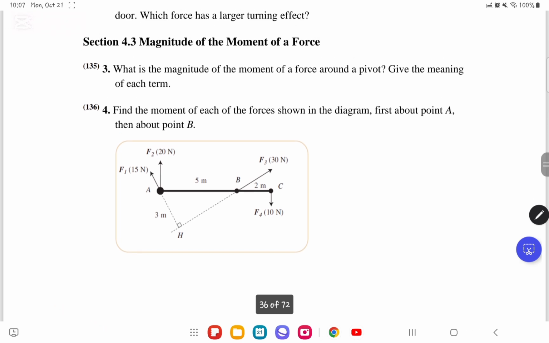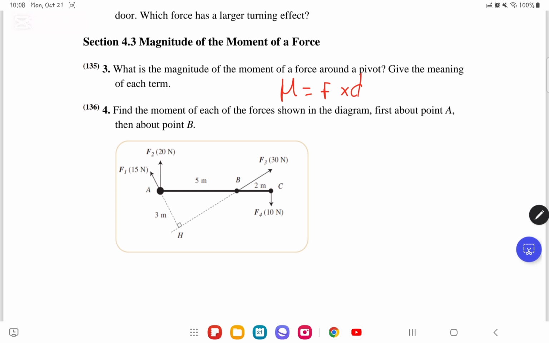Now question number 3. What is the magnitude of the moment of a force around the pivot? Give the meaning of each term. We know that the rule is the moment of a force is equal to force times distance. F is the force, D is the perpendicular distance, and then you will get the moment.